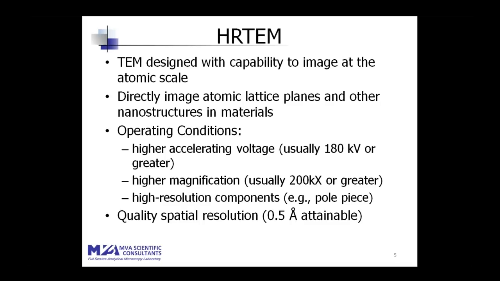So a higher quality pole piece can better establish these boundary conditions, and this yields a better point-to-point resolution for our HRTEM. And as a result, we can get high quality spatial resolution, where the theoretically highest attainable resolution is about 0.5 angstroms.